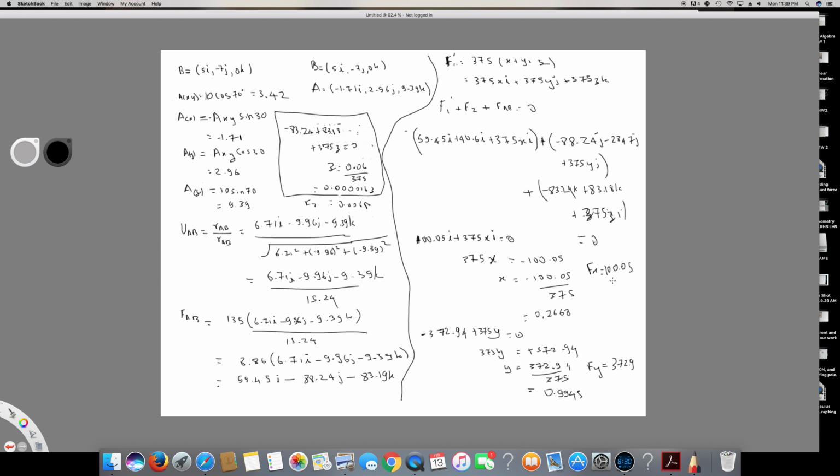I simply divide this one by 375 and take cos inverse. So cos alpha is going to be cos inverse of 100.05 over 375. Let's see what happens.